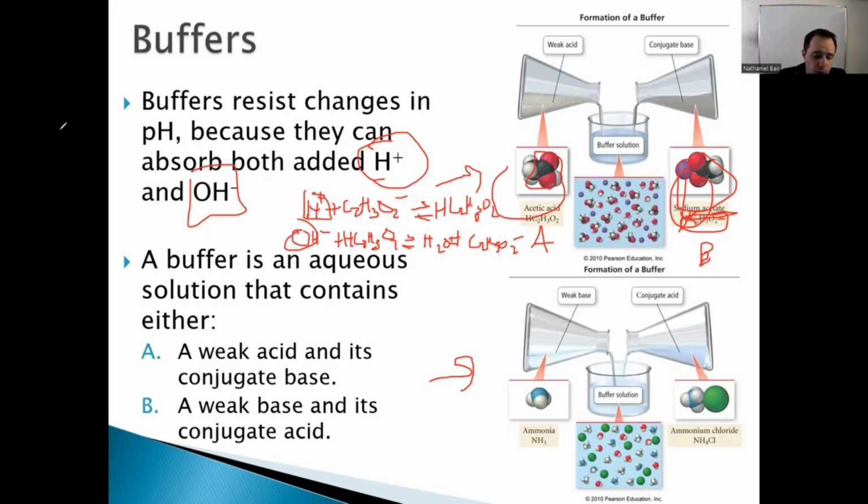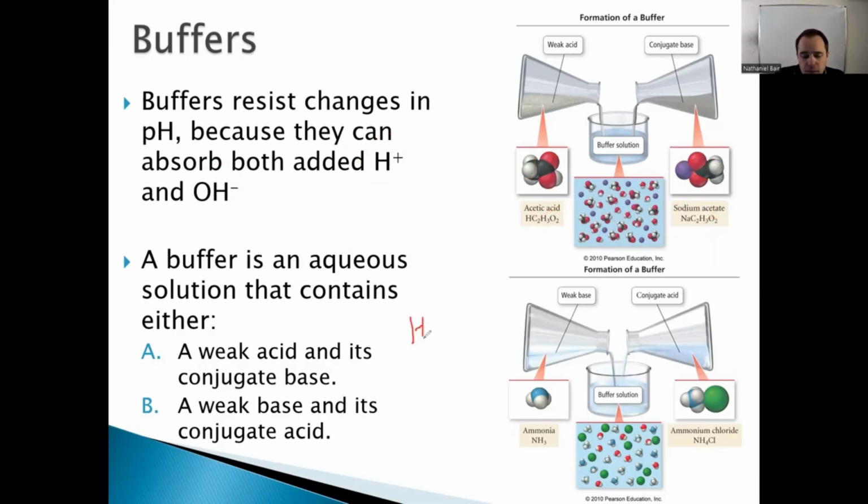Let's look at the bottom buffer here. If I add acid to this bottom buffer, the basic component of the buffer, the ammonia, is going to react with that, and we will make more NH4+, which actually goes to strengthen the buffer's ability to absorb base.